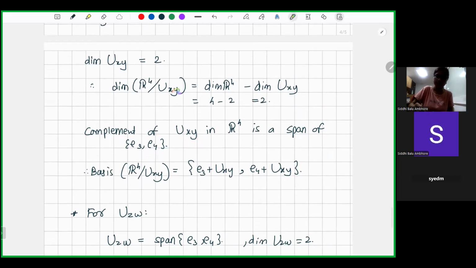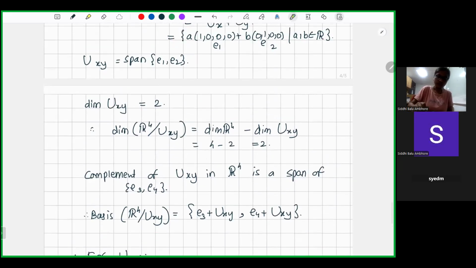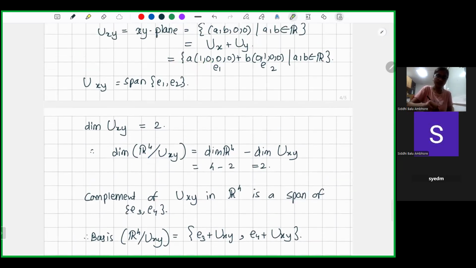So for example, here for Uxy, let me write again. For Uxy, the basis is the span of E1 and E2. Sorry, let me write. So E1 is just 1, 0, 0, 0.